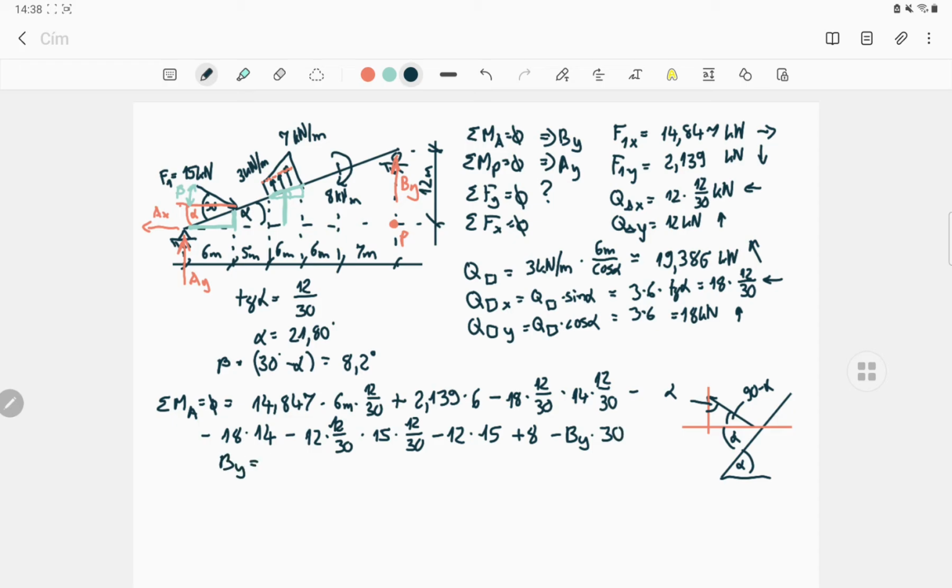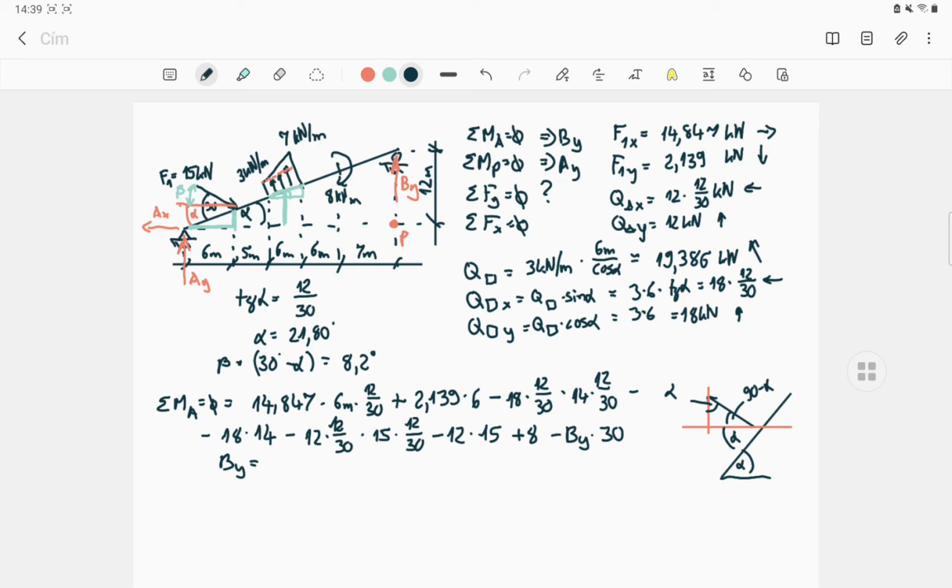From here we can calculate the By. Let's see, 14.847 times 6 times 12 over 30 plus 2.139 times 6 minus 18 times 12 times 14 times 12 over 30 minus 18 times 14 minus 12 times 12 over 30 times 50 times 12 over 30 minus 12 times 15 plus 8.